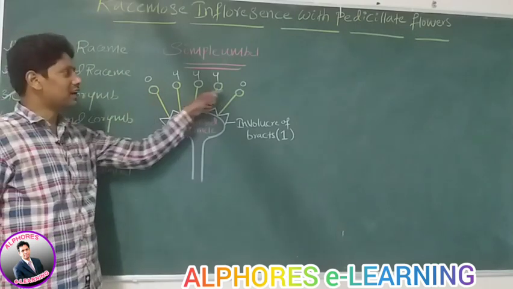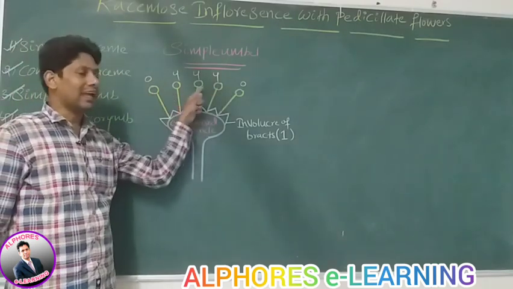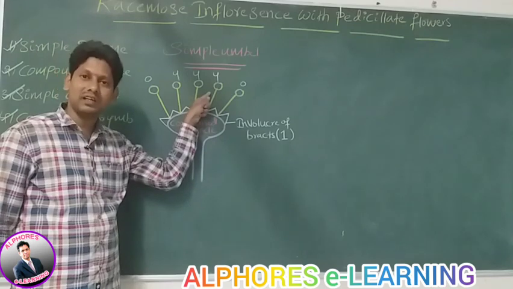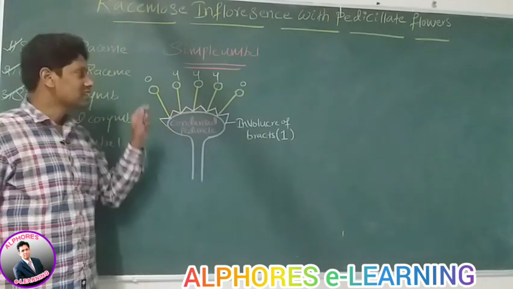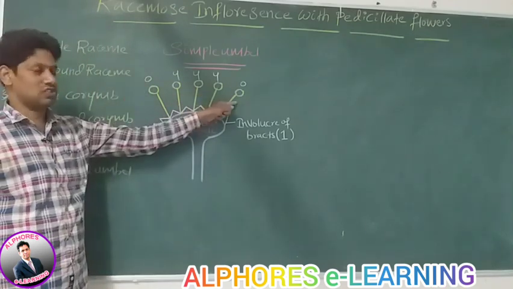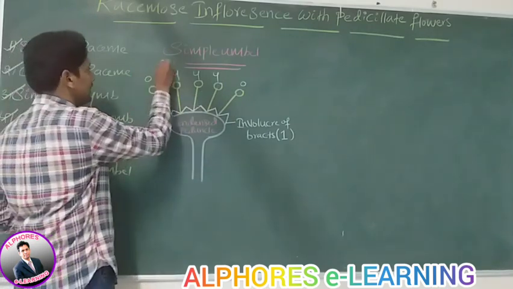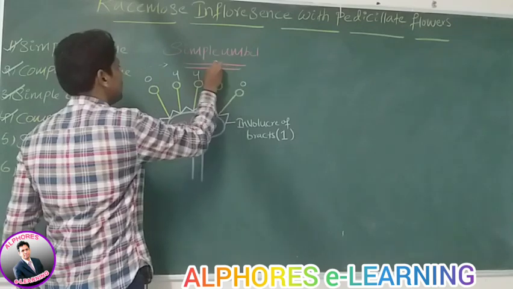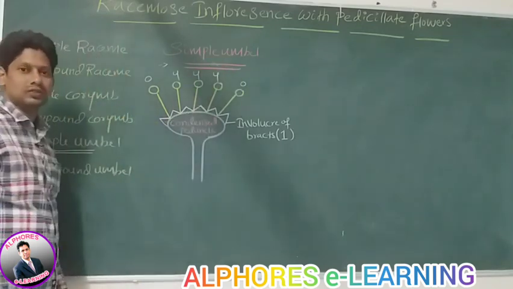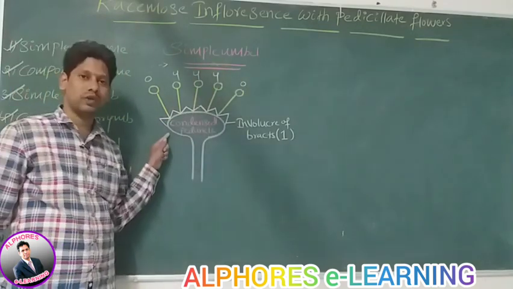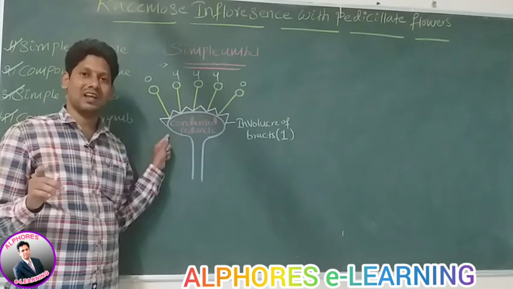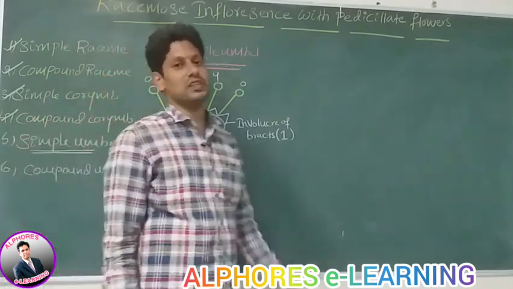So the arrangement of flowers is centripetal. Older flowers open first, then the younger flowers. It means opening of flowers proceeds from the periphery to the center. So opening of flowers is also in centripetal manner.